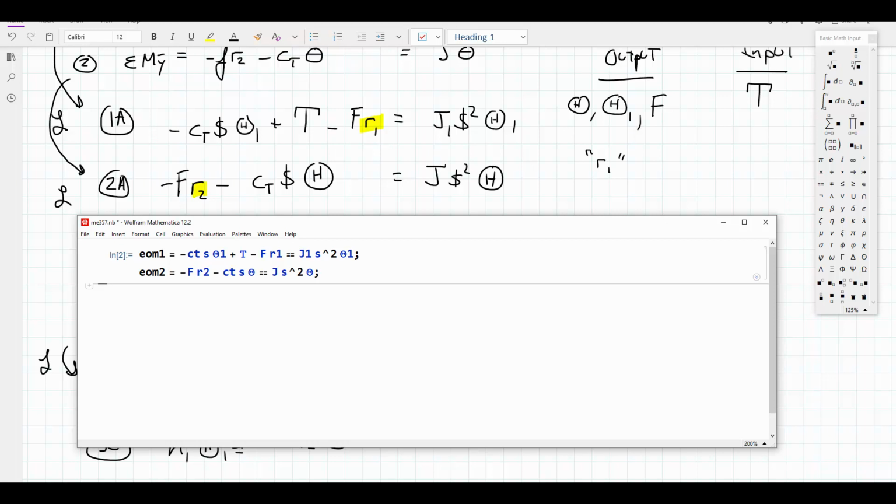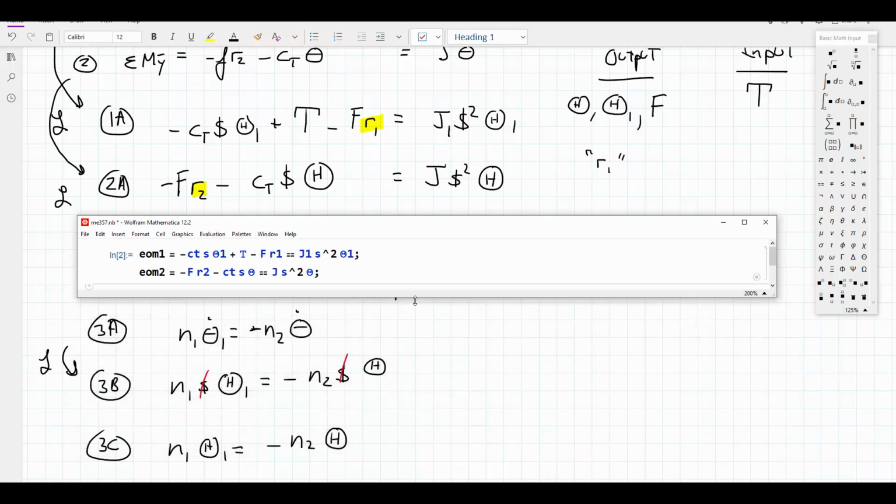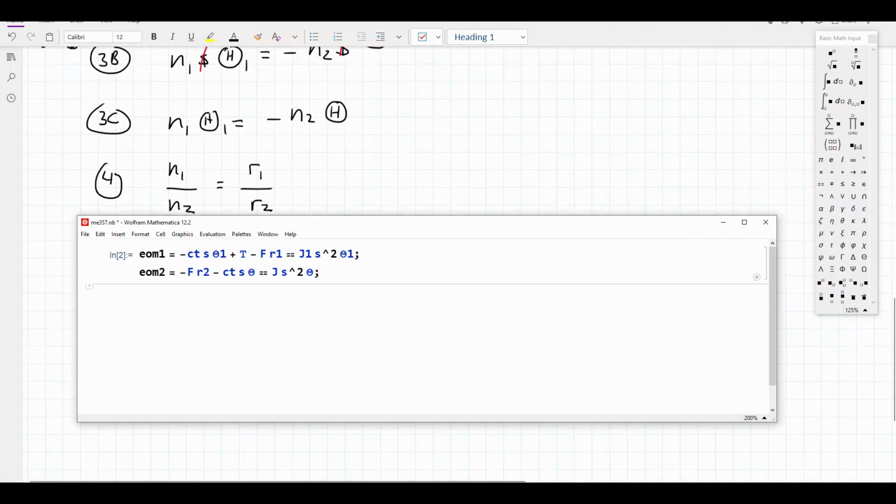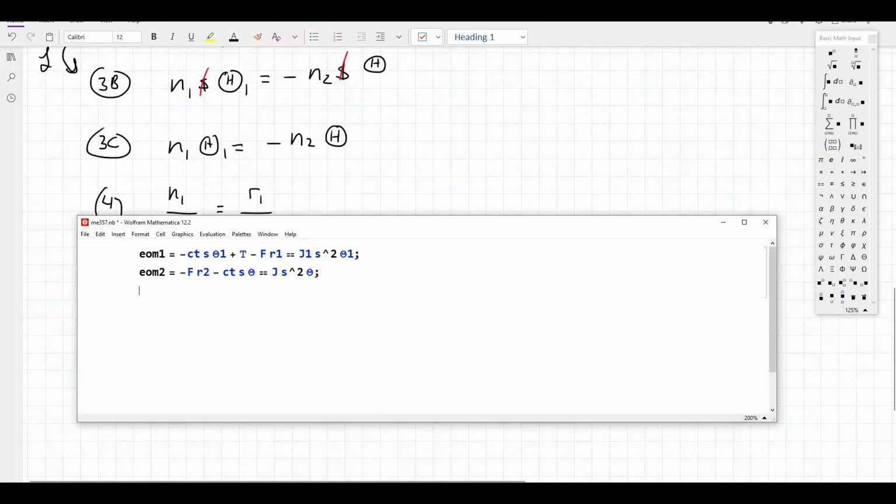I need to go to my equation 3c, bring that up, which is necessary. So this is coming from gear ratio. I guess I'll call it R1 for the first equation I'm using from my gear ratio in 3c. So N1 capital theta 1 equals negative N2 capital theta.